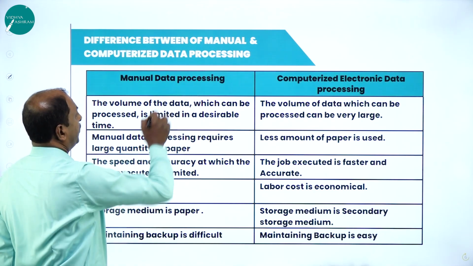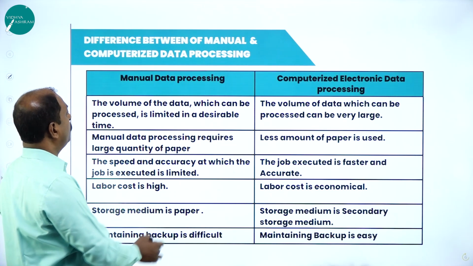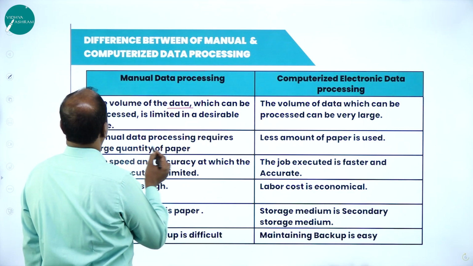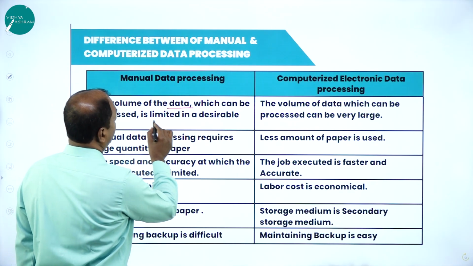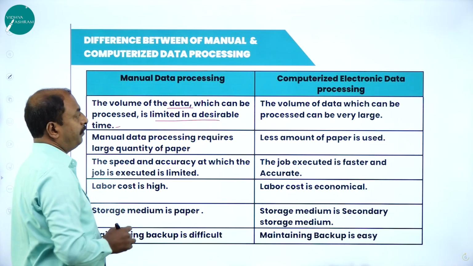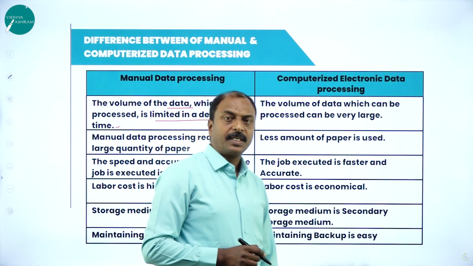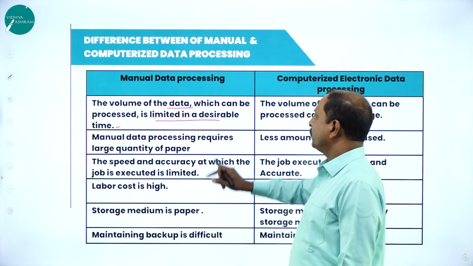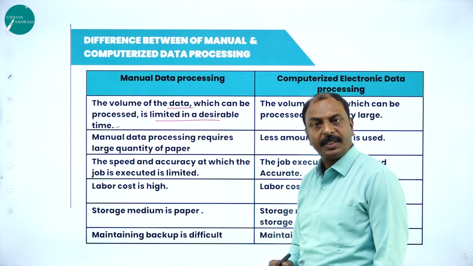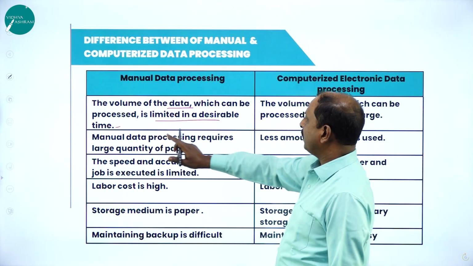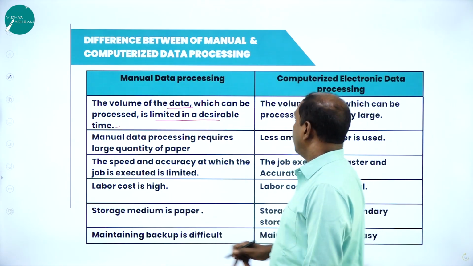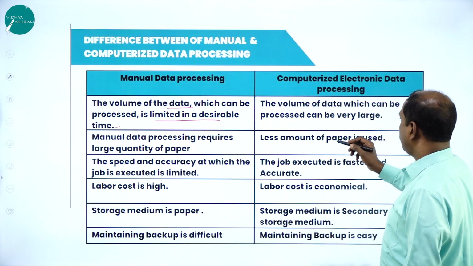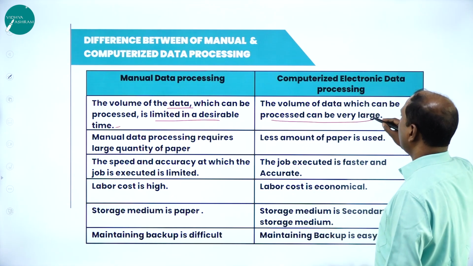In manual data processing, as all of you know, the volume of data which can be processed in a desirable time is limited, because everything is carried out by human beings. Human beings have limitations, so the processing time and everything is limited. And with respect to computers, the process can be very large.